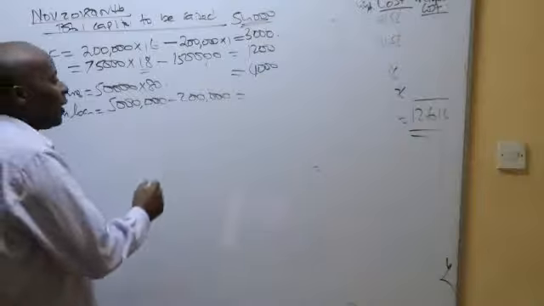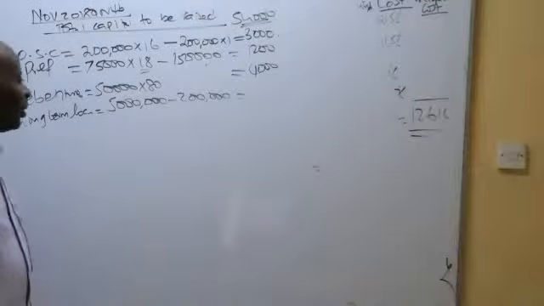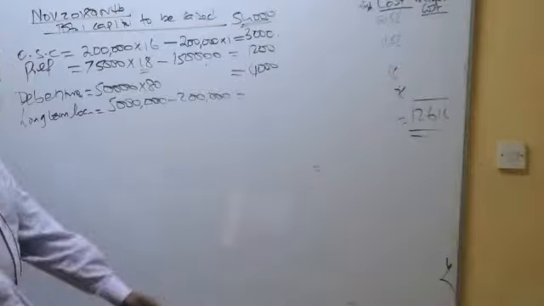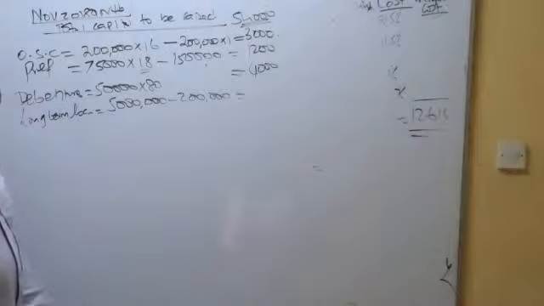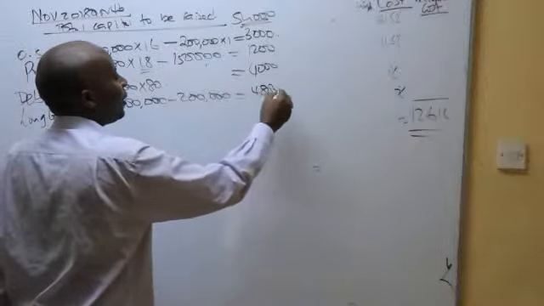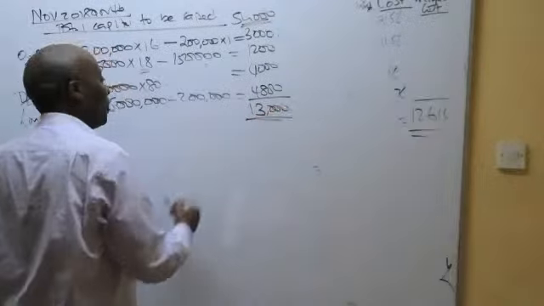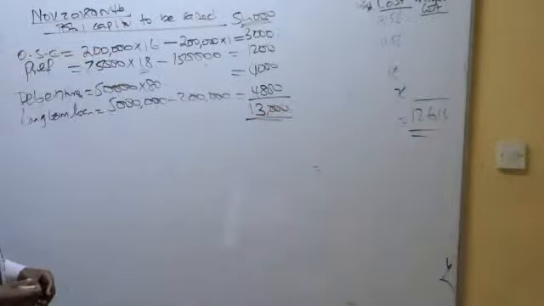So how about the long-term loan? The long-term loan, I'm being told, is 4,800. So please come and add. And according to the answer, we should be able to get 13,000 in terms of shillings thousands.